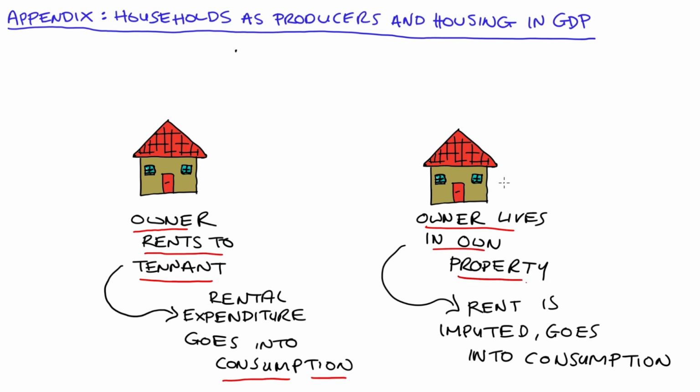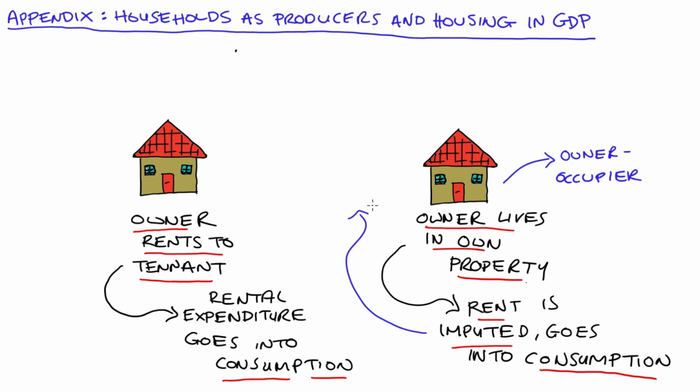So they're called owner-occupiers. What we do is that the value of the rent that they would have paid for the service of housing that they are consuming is imputed in our accounts, and that imputed value goes into the consumption category of expenditure. Now here, imputed just means the inferred value, so an estimation, for lack of a better word, of the value of the housing service that the owner is consuming when they live in the dwelling, and we add that to the consumption expenditure.